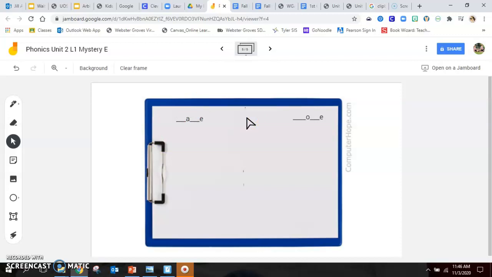Those are for words that we find in our reading and our writing that have the long A sound and the silent E at the end. And then over here, I made a line with an O and a line with an E. What do you think this side's going to be for? That's going to be for words that have long O with the silent E at the end.